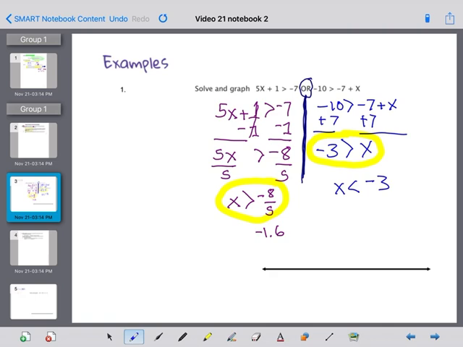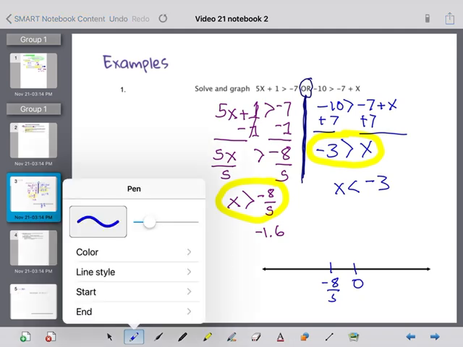So now we'll graph the two inequalities. x is greater than negative 8/5. I think we'll put negative 8 here. I'm going to put my 0 in because I like having my 0. And x is greater than negative 8 fifths.